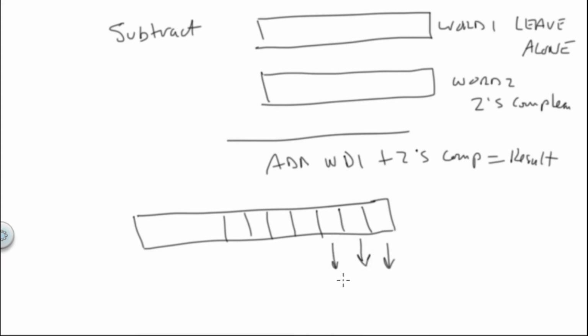When you hit a 1, from that point on, you do a flip of the bits. So you would not bring the bit down, you would bring the flip of the bit down. But you have to determine where that point is when you hit the first one. If this is your first one, you would flip after that. You bring that one down, and from that point on, you flip the rest of the bits. And that gives me my 2's complement.